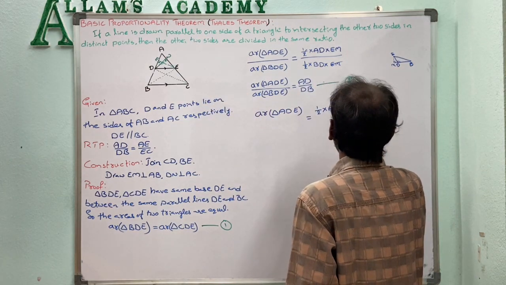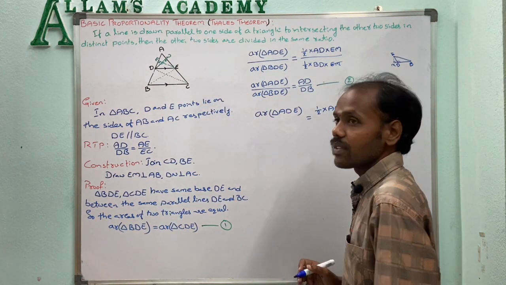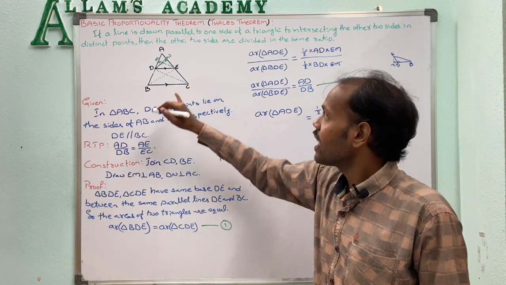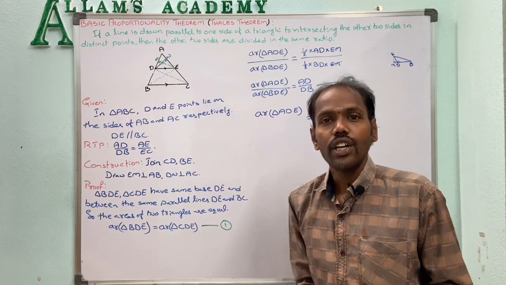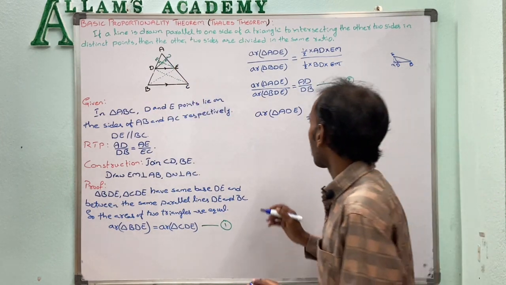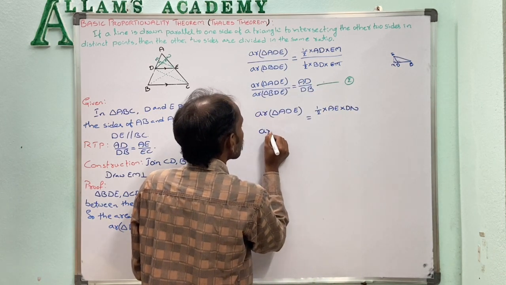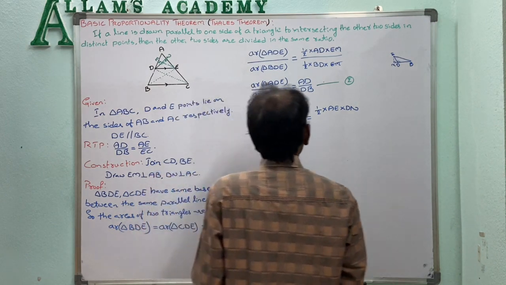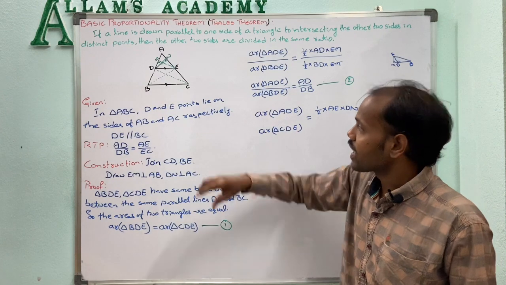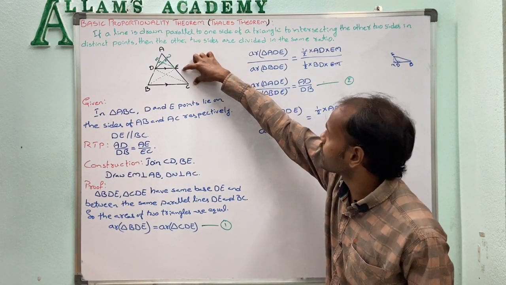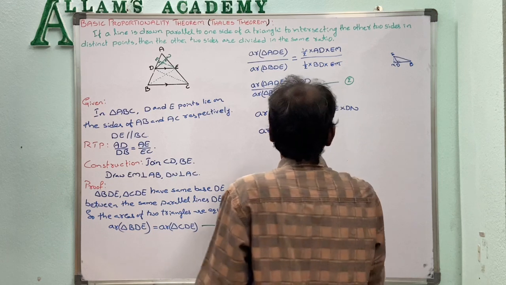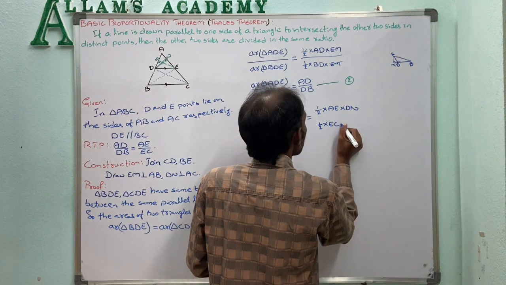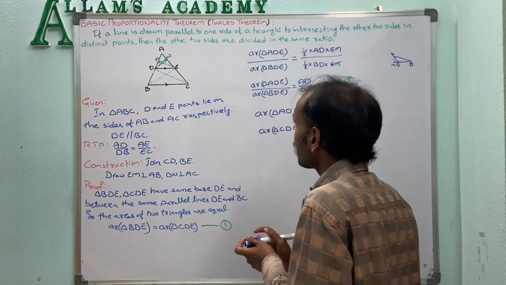Next, I calculate the area of triangle CDE. I take EC as the base, so half into base EC into height.